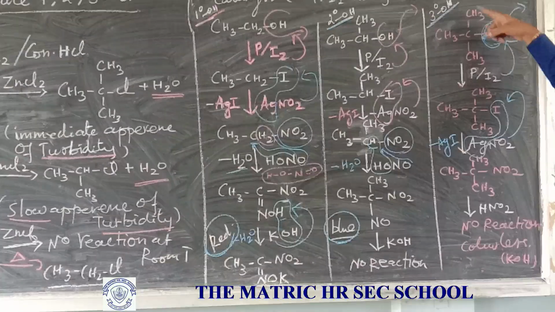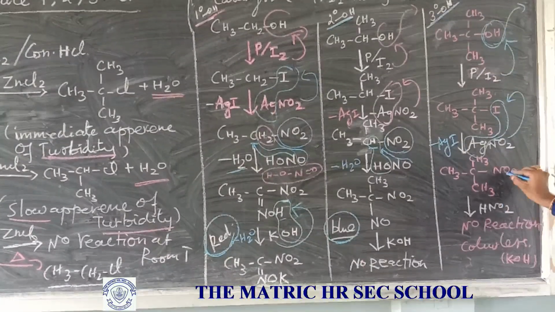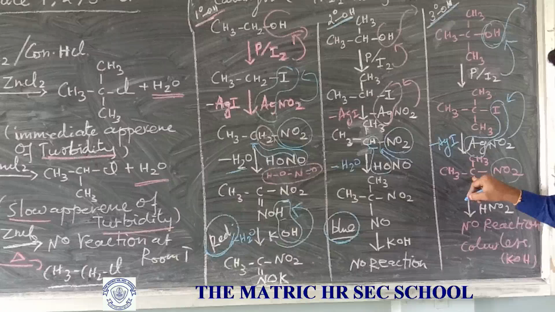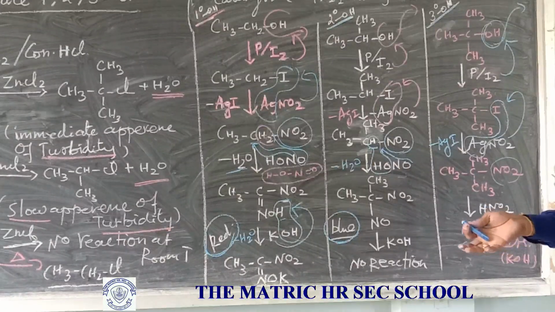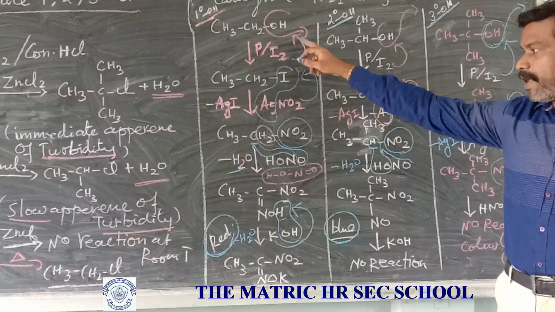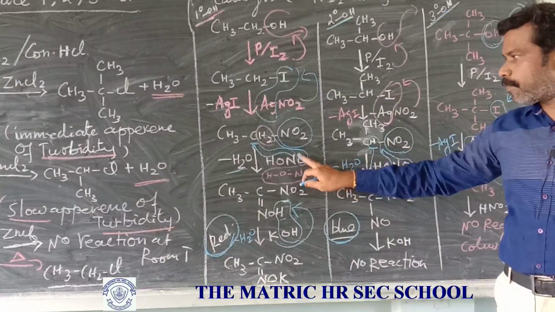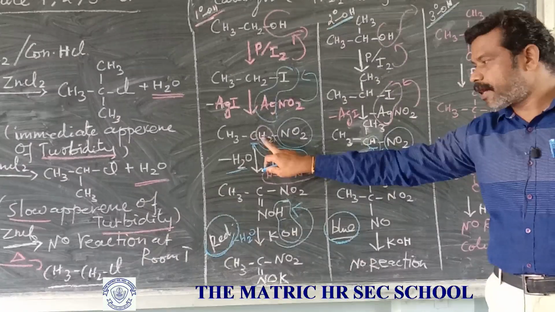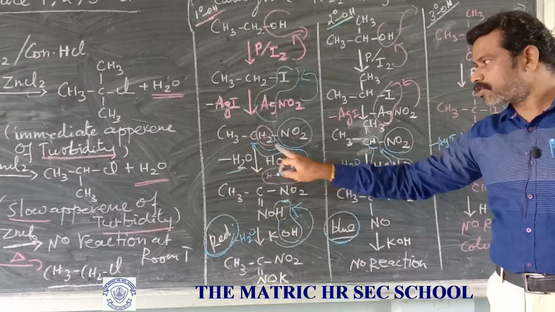So the same nitrous acid is added. The functional group is present at the alpha carbon, and the alpha carbon has no hydrogen. We will compare the primary and secondary positions. In the primary position, the alpha carbon has 2 hydrogen atoms. So one oxygen is going out.